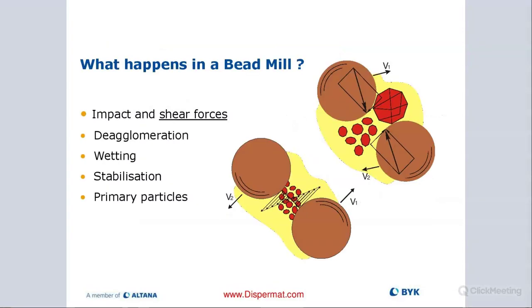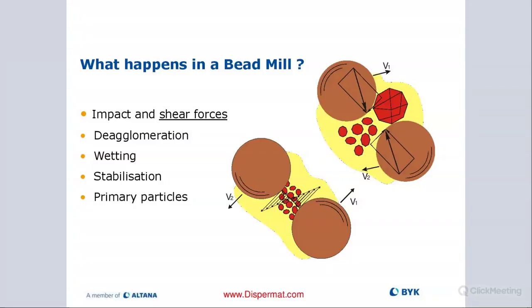Okay, so inside of a bead mill, what happens is obviously you have your beads that are circulating in the milling chamber at very high velocities, right? So as these beads are drifting towards each other, they actually create a shear force that is pushing your pigment particles away with very high force.